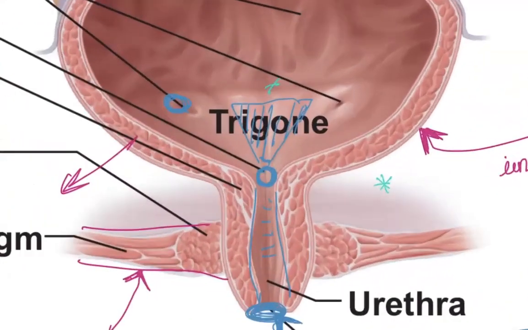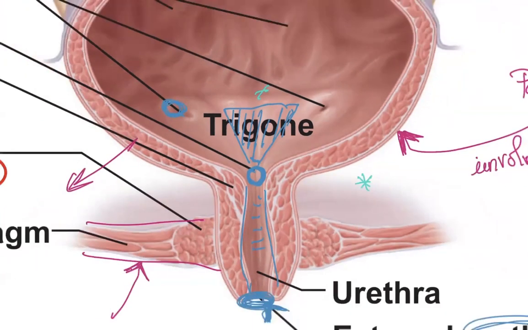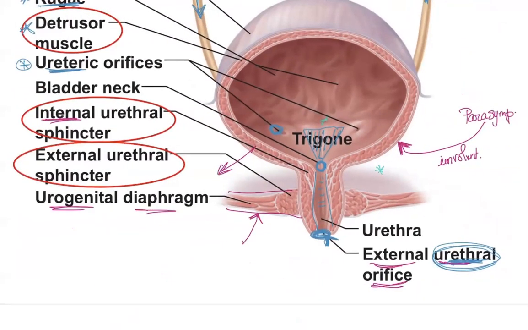Again, this is the bladder neck on here, because on the exam, some people will call the trigone the bladder neck. Some people will call the urethra the bladder neck. The bladder neck is just this point. This is the junction between the urethra here and the urinary bladder. This is again my bladder neck.